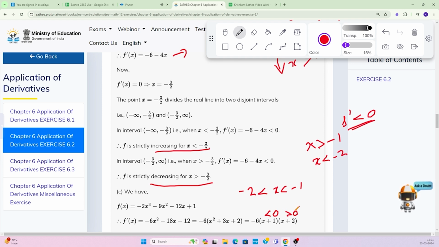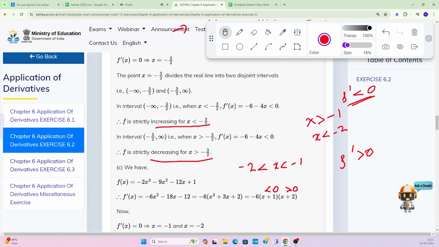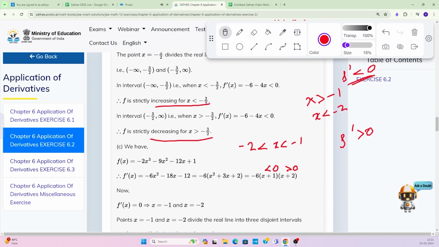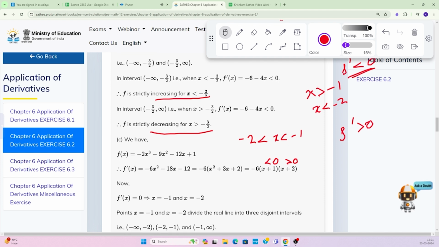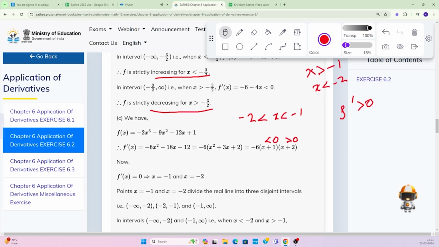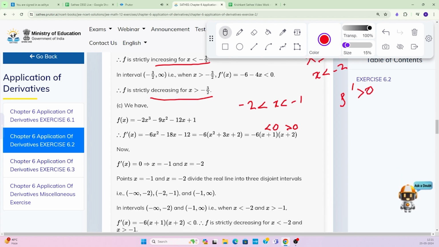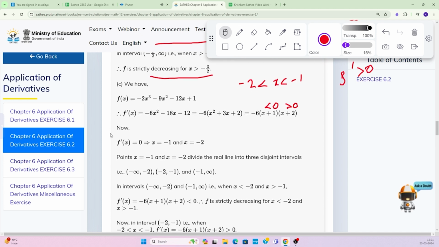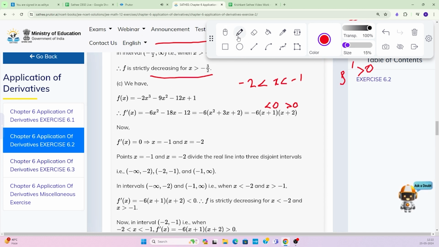Negative multiplied by positive gives negative, and the extra negative makes it positive. So in this interval you have f dash positive. Let us just verify that I am not getting it incorrect. So only from minus 2 to minus 1 will the function be increasing.